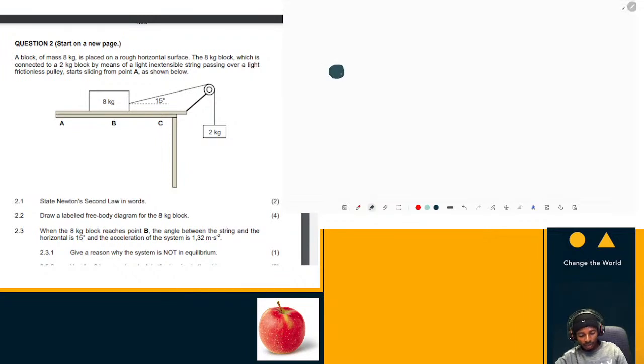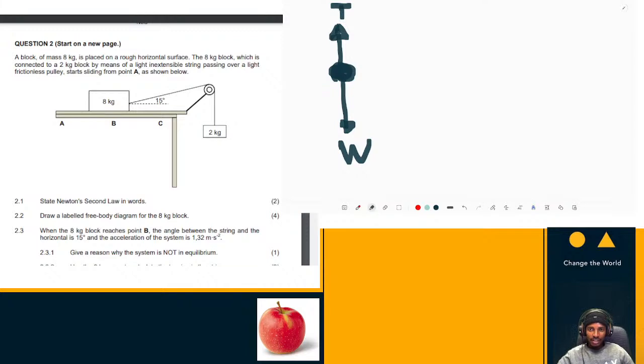The 2 kg block, which is hanging in space, will have a tension pulling it upward, and a weight pulling it downward. And in this case, there will be no normal force.